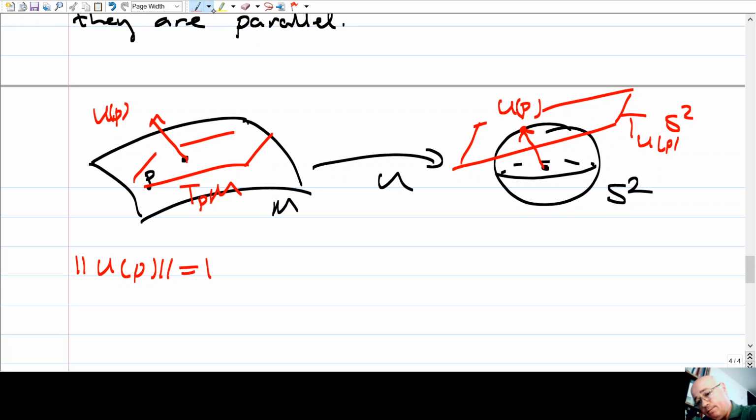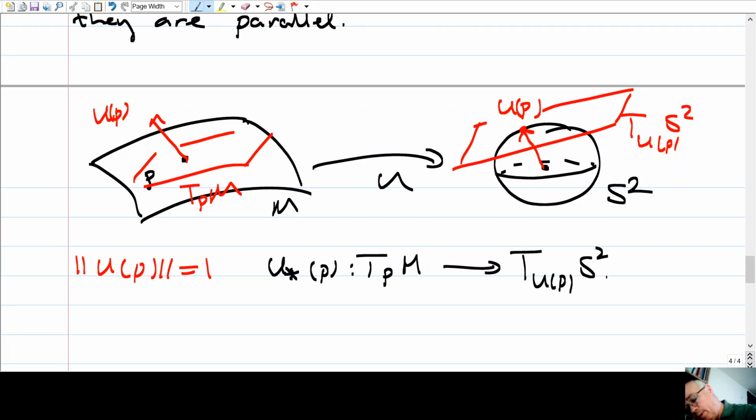And the derivative of this map, U star at P, is defined on the tangent space to M at the point P and takes values in the tangent space at U_P of S2, but we just saw that these two vector spaces are actually the same.